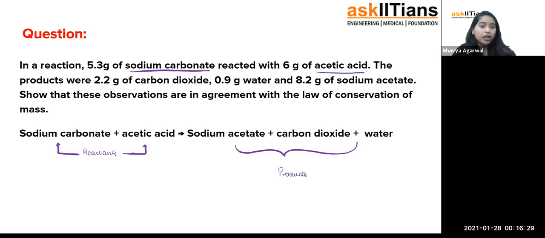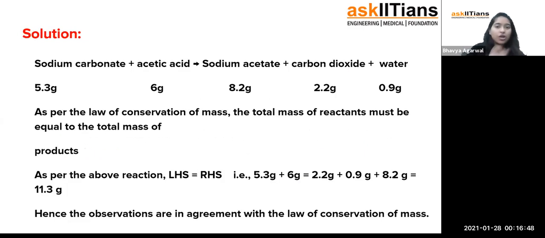Now, if I have to prove that this is in agreement with the law of conservation of mass, what do I have to do? I have to put their masses and see whether the mass of the reactants is equal to the total mass of the products or not. So after writing the reaction, I'll put their masses here. LHS is 6 plus 5.3, that is 11.3 grams.